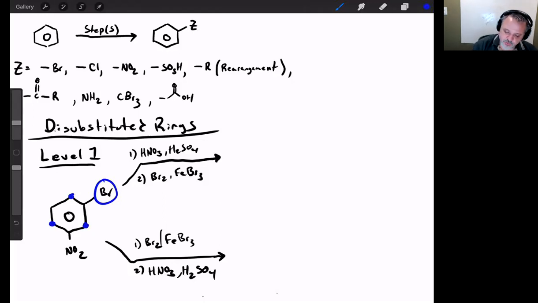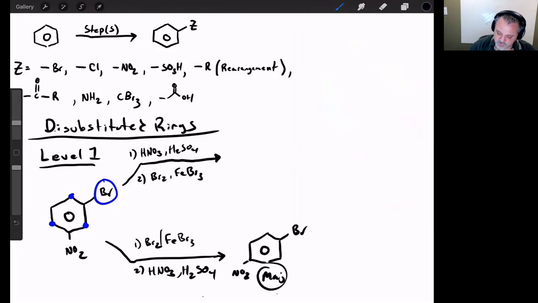So if I do bromination first, I end up with a major product in the para position and a minor product in the ortho position, but neither one of those is where I want them.